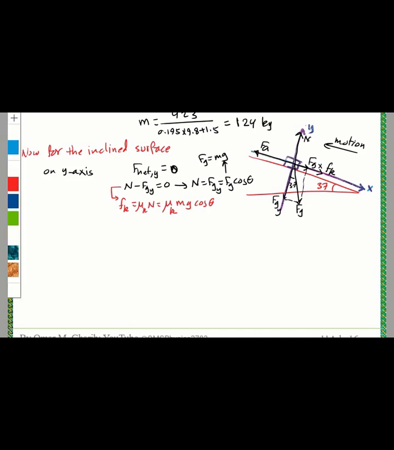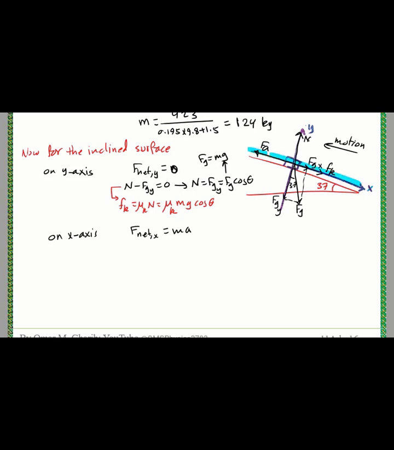Now, on the x-axis, apply Newton's second law. F net x equals m times a. On the x-axis, we have forces Fk and Fgx to the right, so they are positive, and Fa to the left, so it is negative, and the motion to the left with acceleration, so the acceleration is also negative.